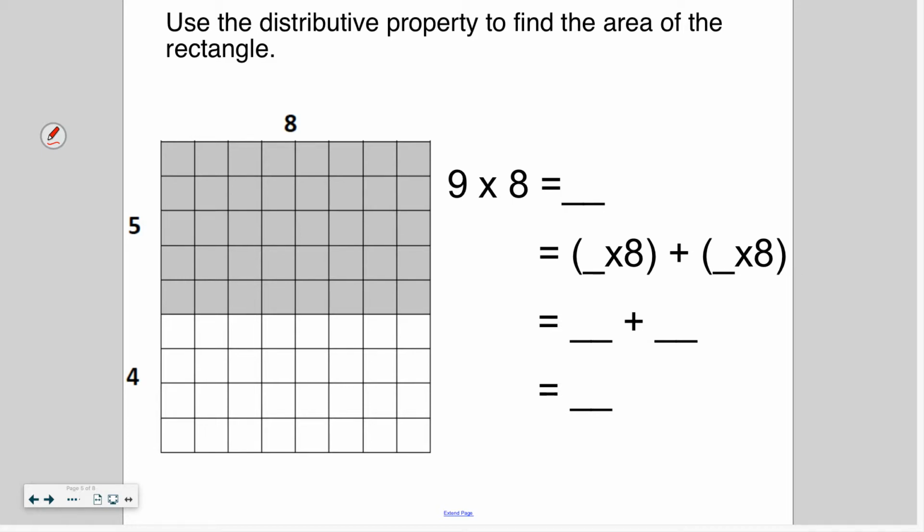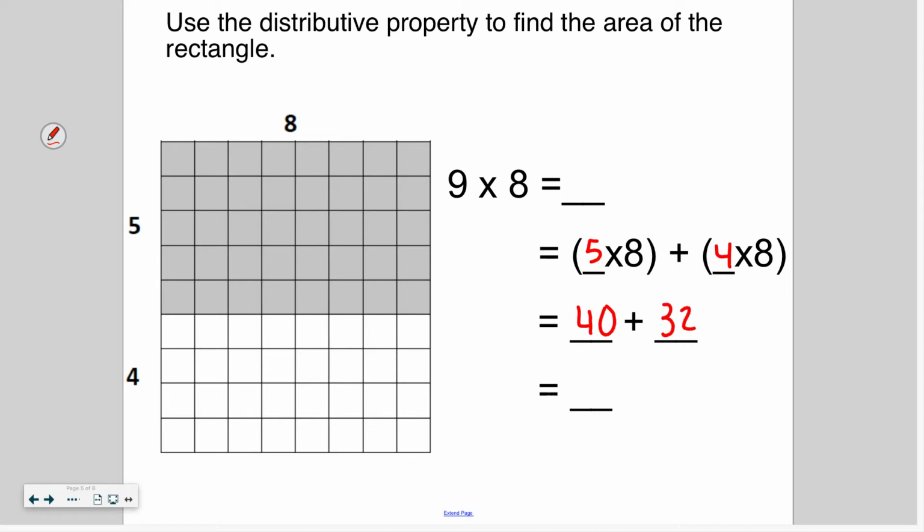So 9 times 8 has been split to be 5 times 8, the top part, and 4 times 8. So I'm filling my blanks. Well, 5 times 8 I know is 40 because I can skip count by 5s. And 4 times 8, well, if I take away 8 from 40, just take away one group of 8, that's 32.